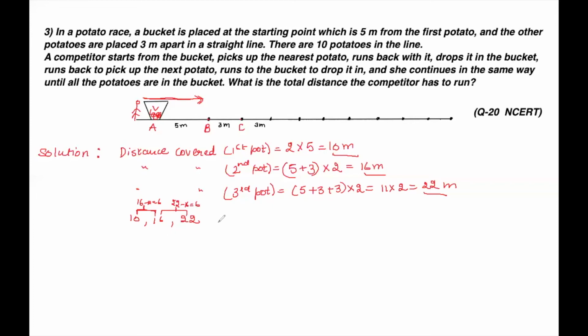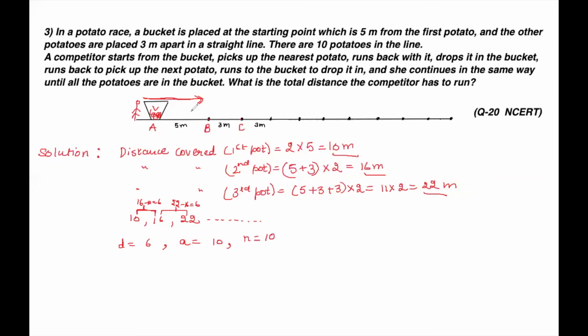So can we say that this is an AP series, right? We have an AP series now, and the difference is given as 6. We have the first term as 10. What about the number of terms? We know that the number of potatoes lying in a straight line is 10. Therefore n would be equal to 10.